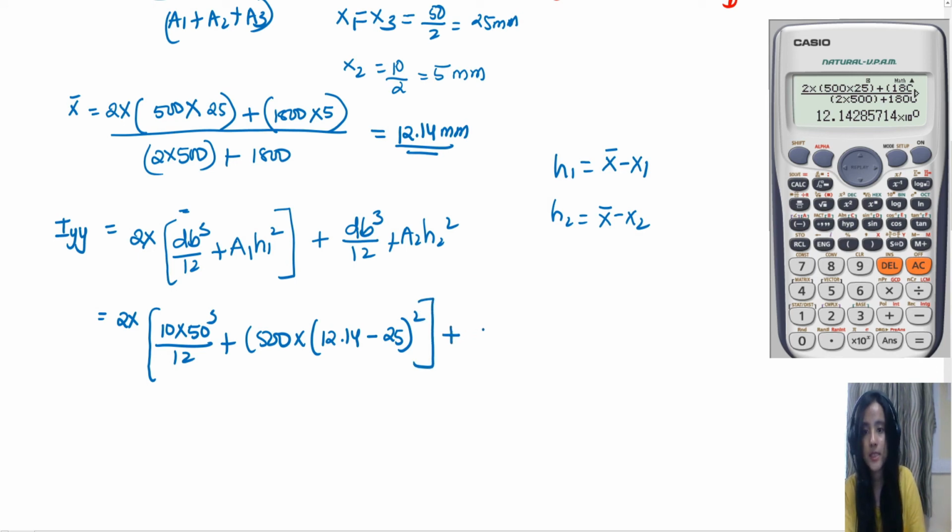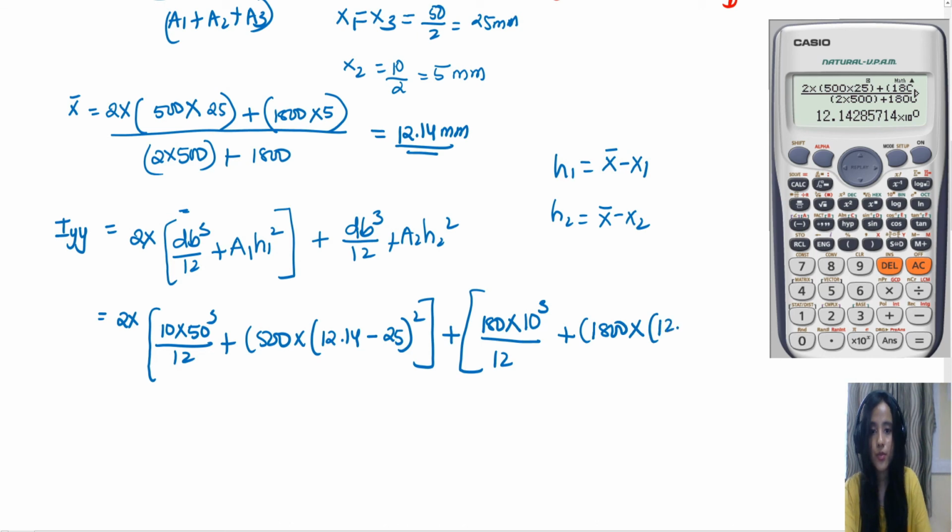Plus, now for the second section, my depth was 180 into b was 10 cube divided by 12. This is for the web portion. Plus area was how much? 1800 into x bar 12.14 minus x2 is 5, the whole square.